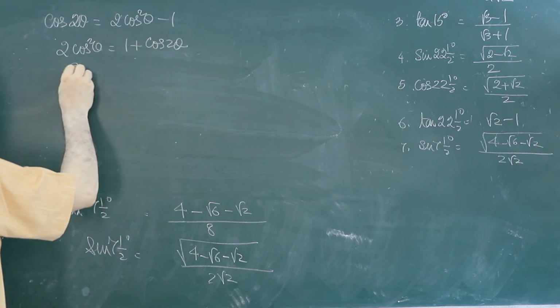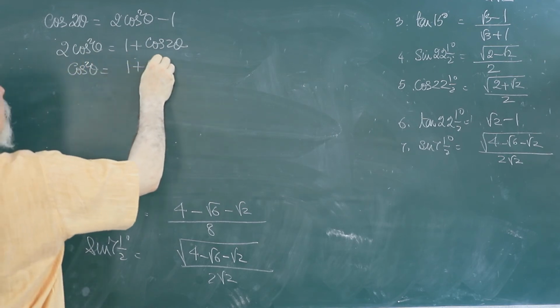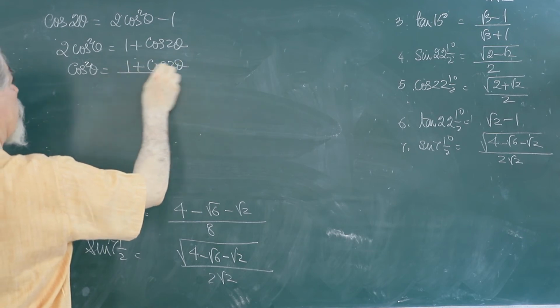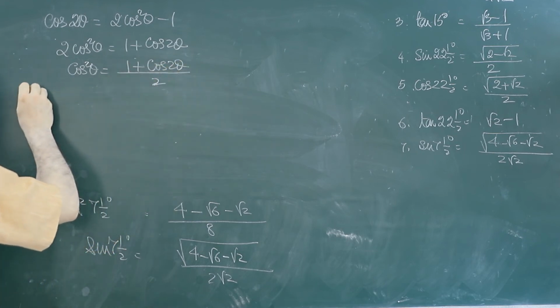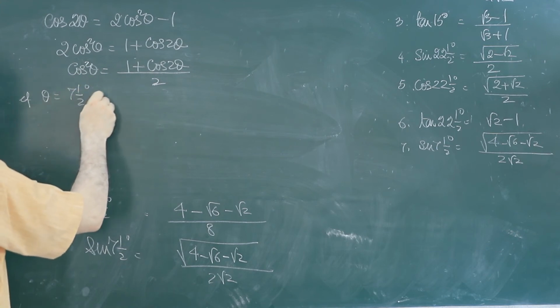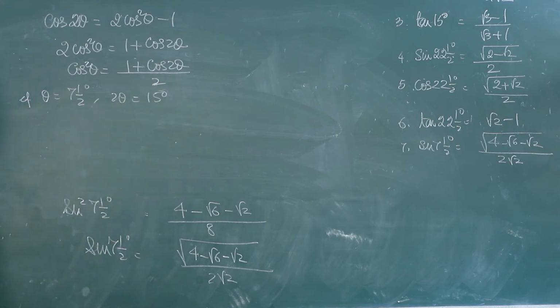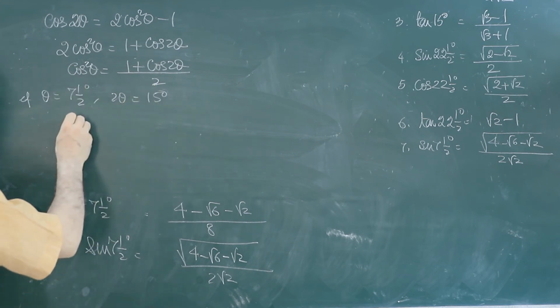So cos square theta will be 1 plus cos 2 theta upon 2. If theta is 7.5, so 2 theta will become 15 degree. Let us put the values.